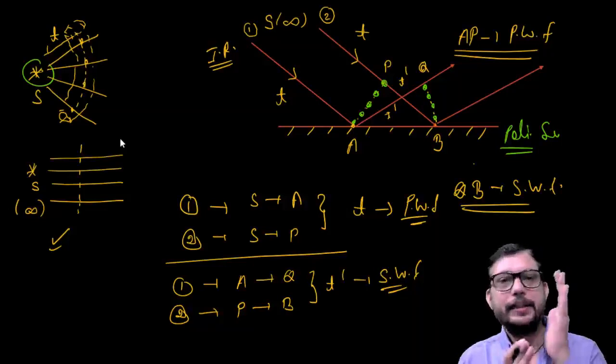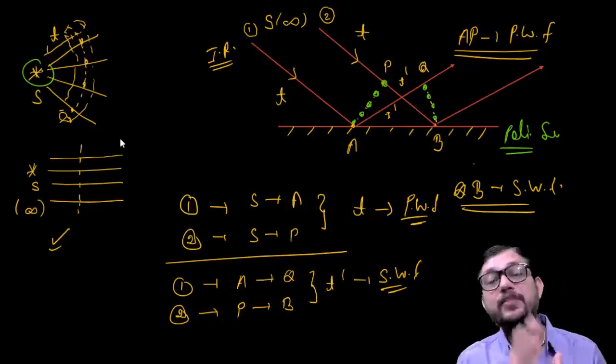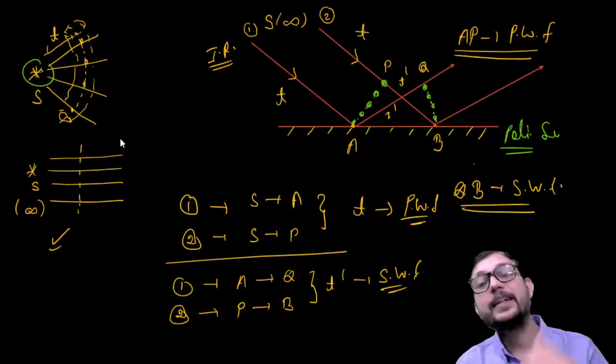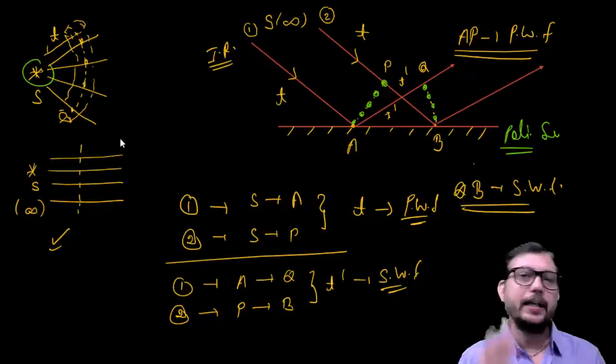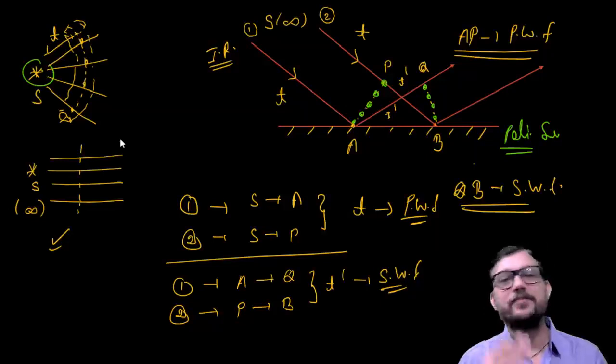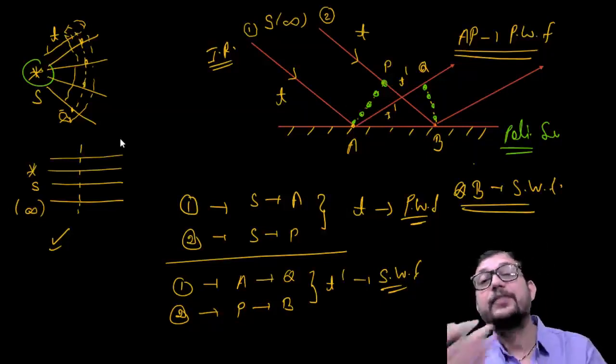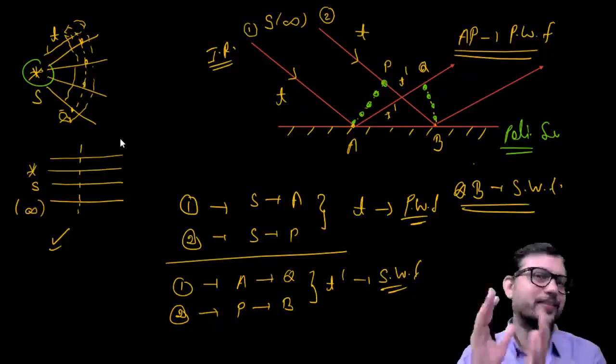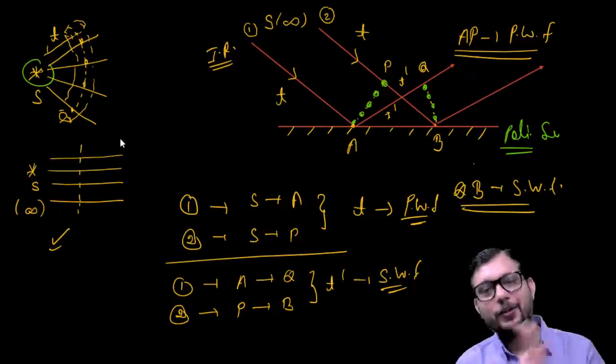So after time t you have to consider such points, and when we draw an envelope on those points, the envelope will behave like a wavefront, like this way. So this is your wavefront. This is the calculation of the time, nothing else. Each and every point on the primary wavefront will behave like a secondary wavelet, and each and every point on the secondary wavefront will behave like a tertiary wavelet. This pattern continuously goes on.